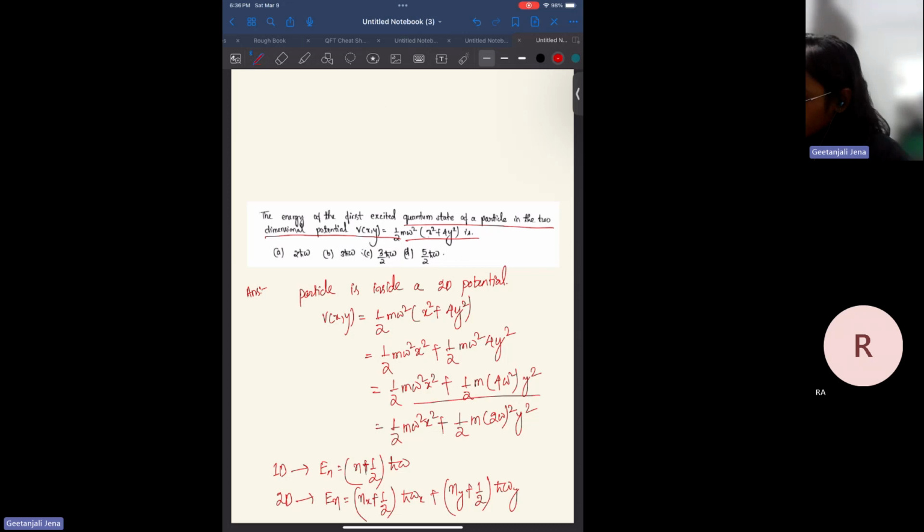Now if you compare this potential, what you will see is omega x is omega here and omega y is 2 omega here, right?